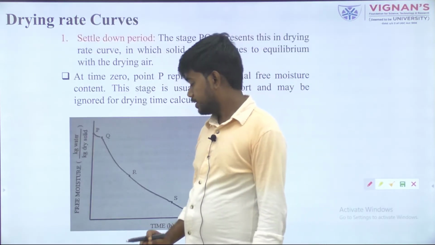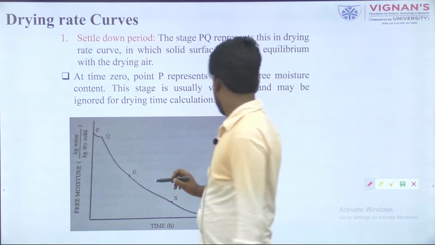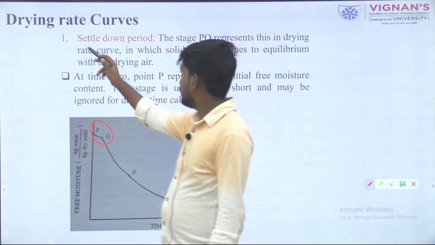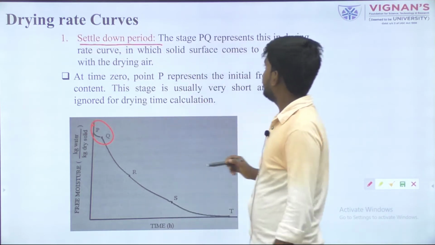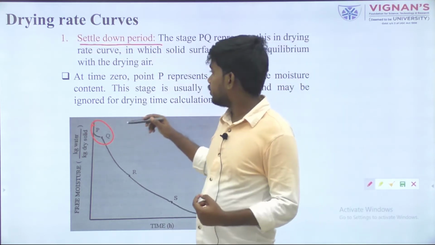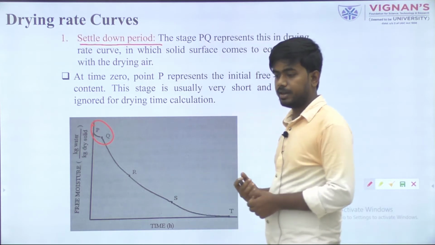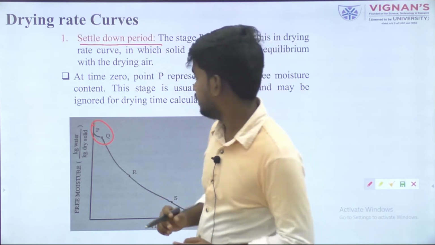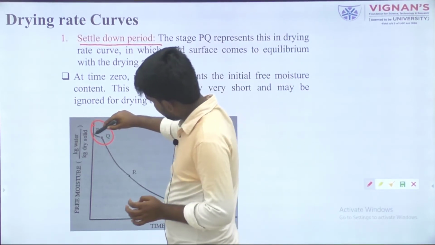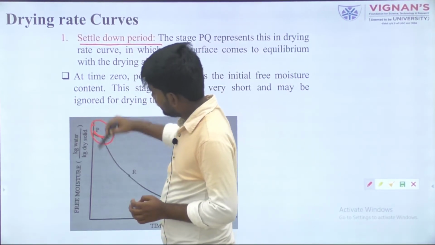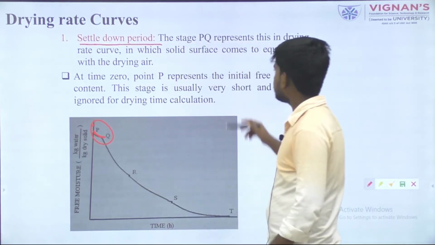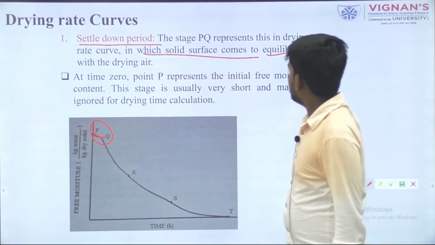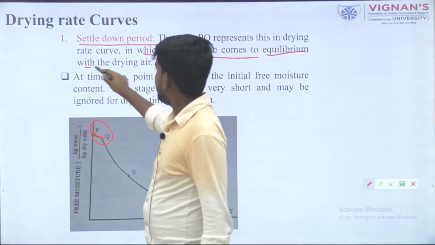Let's start with this small zone, zone PQ. As I told, this is the settle down period, when any product directly comes into contact with a high temperature environment and comes to equilibrium with the drying air.